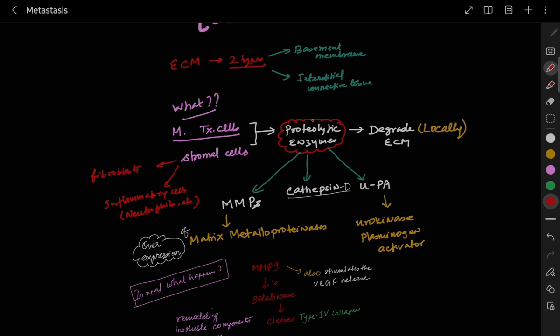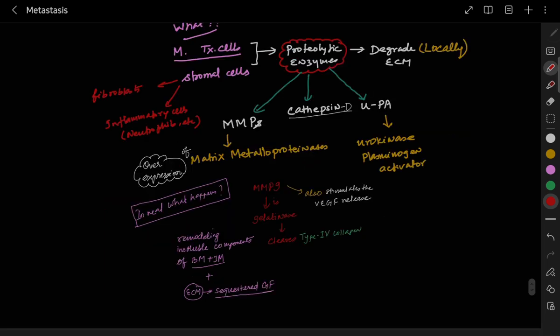These two will produce proteolytic enzymes, and these proteolytic enzymes will degrade the extracellular matrix locally, where they are present. Now let's focus on what these proteolytic enzymes are. These are the MMPs, cathepsin D and uPA.